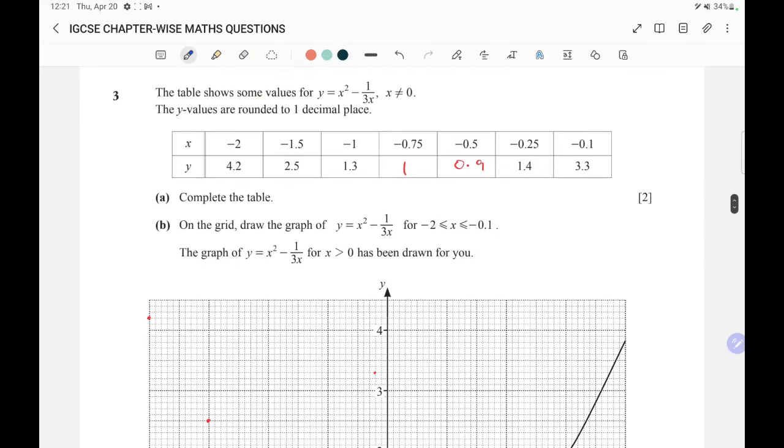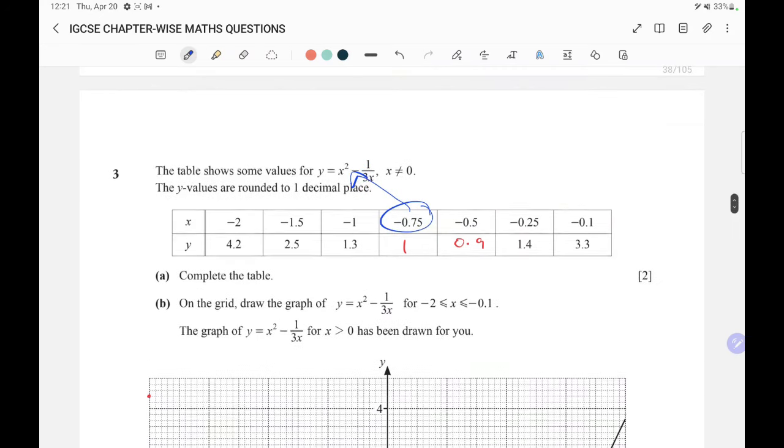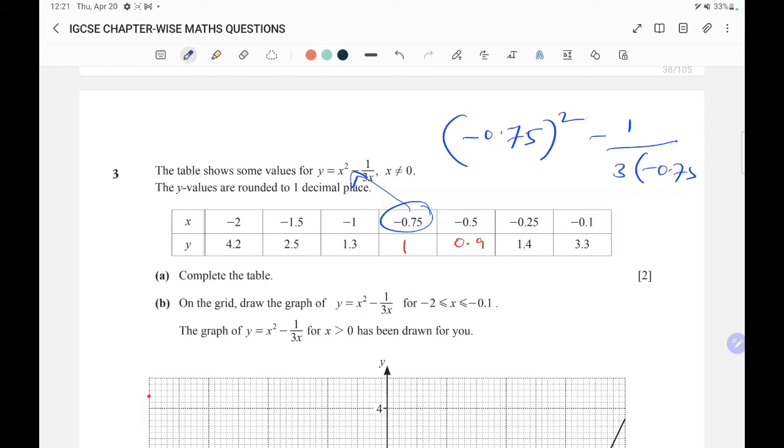Now the third one, the table shows some values for y. Y values are rounded to 1 decimal place. So put x equals minus 0.75 over here. I will show 1. So minus 0.75 whole squared minus 1 over 3 times minus 0.75.